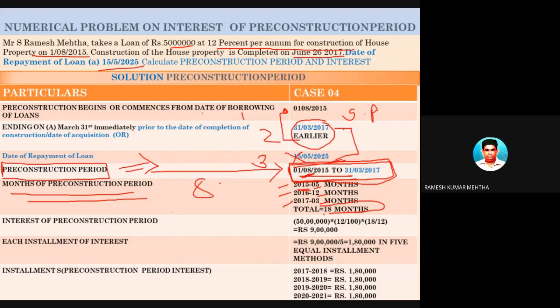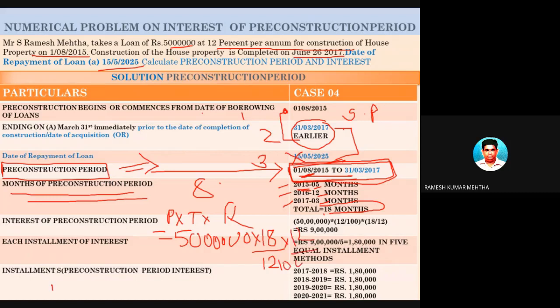The formula for finding out the interest of the pre-construction period on the loan is simple: principal into time into rate. Principal is 50 lakh rupees, time is 18 months, 18 divided by 12 becomes 1.5 years, into the rate of interest, which in this case is 12 percent, 12 by 100.